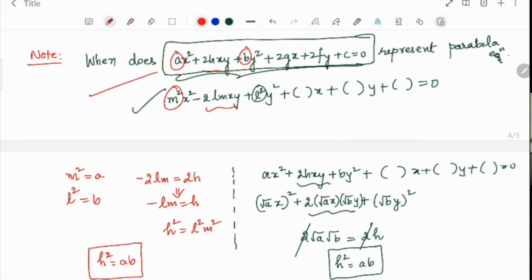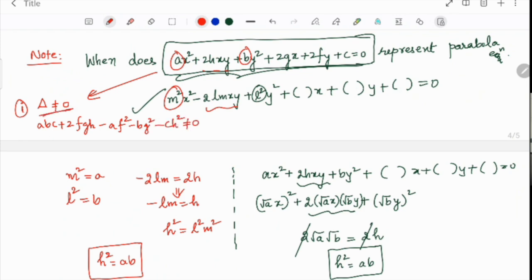So when is this second degree expression representing a parabola equation? First condition, delta should not be equal to 0. Any idea what I mean by delta? You remember this: abc + 2fgh - af² - bg² - ch². That should not be 0.